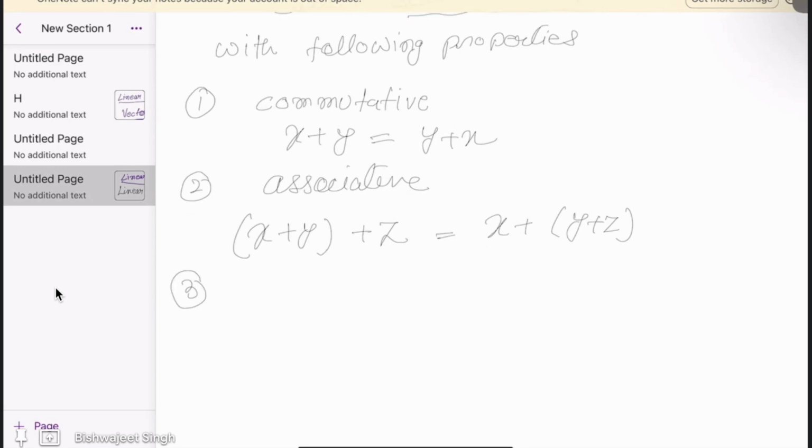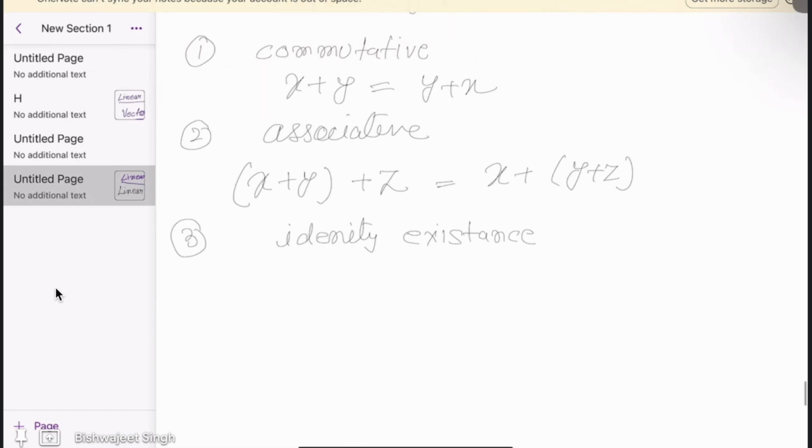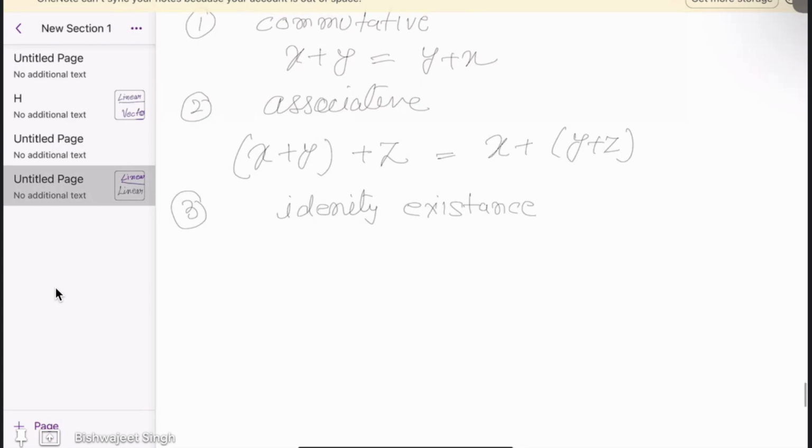The third property is identity existence. In a group also we have an identity element. Similarly here also we are going to have an identity element.